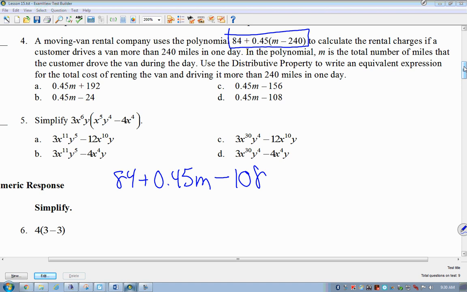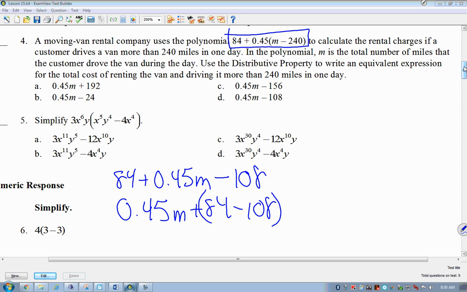Rearrange them. We could do that. But ultimately, so let's see, you want 0.45 m plus 84 minus 108. Does that help you? Okay, now what? Okay, so you're going to use the commutative property there.